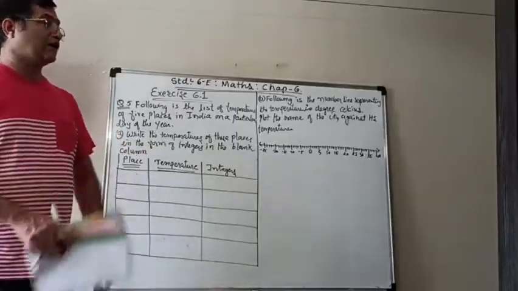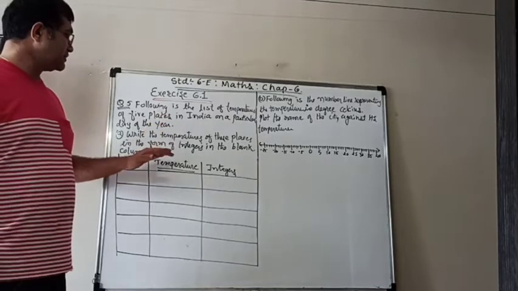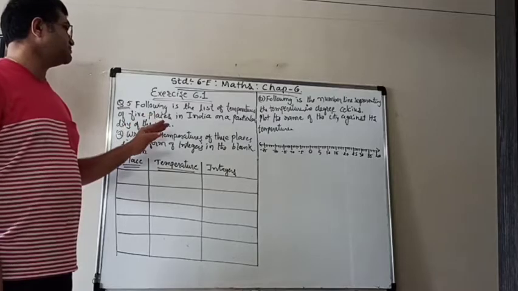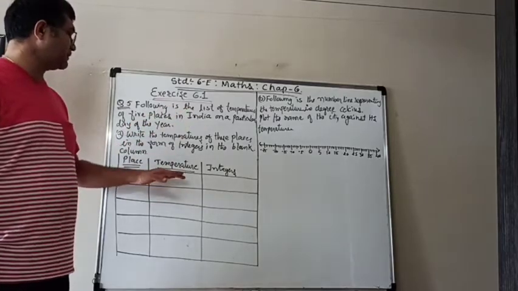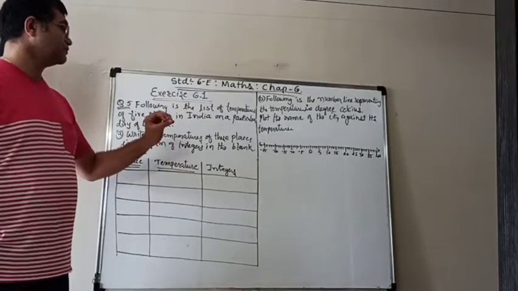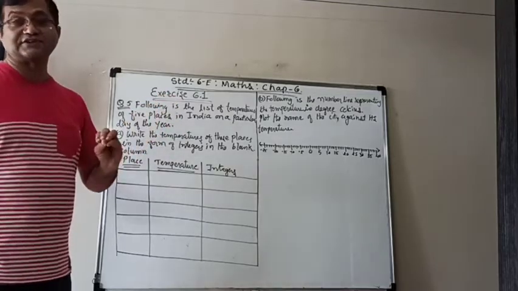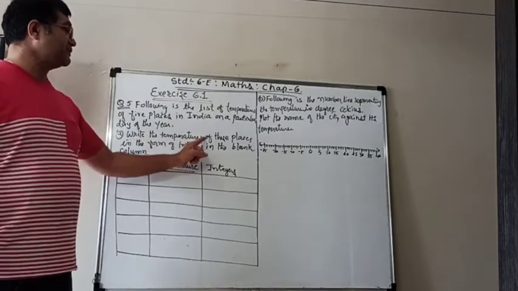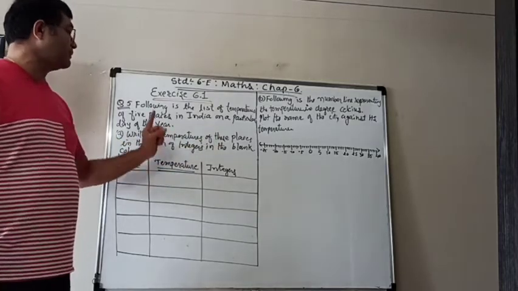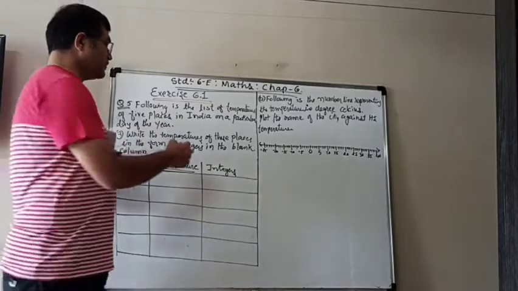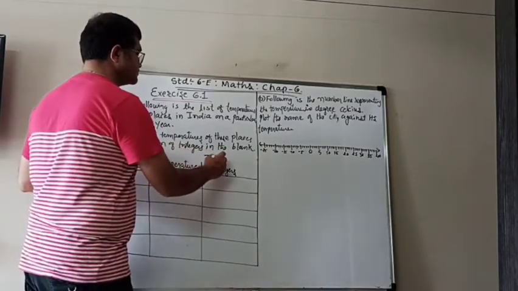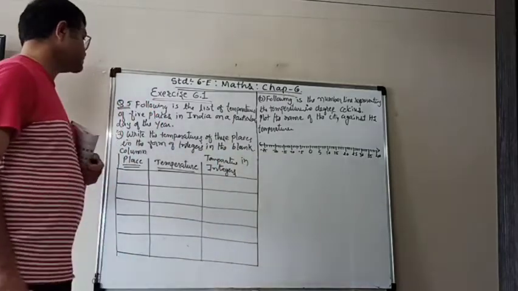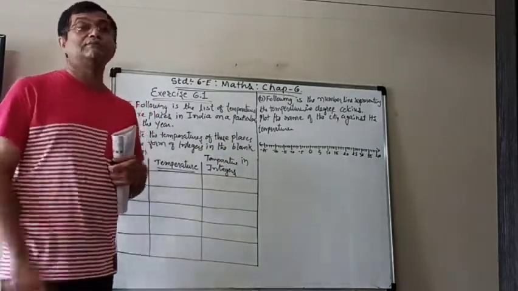Now question number 5, in which there is a list of 5 different places, and the temperature of those places in India on a particular day of the year is given. First, write the temperature of these places in the form of integers, means using plus or minus sign.